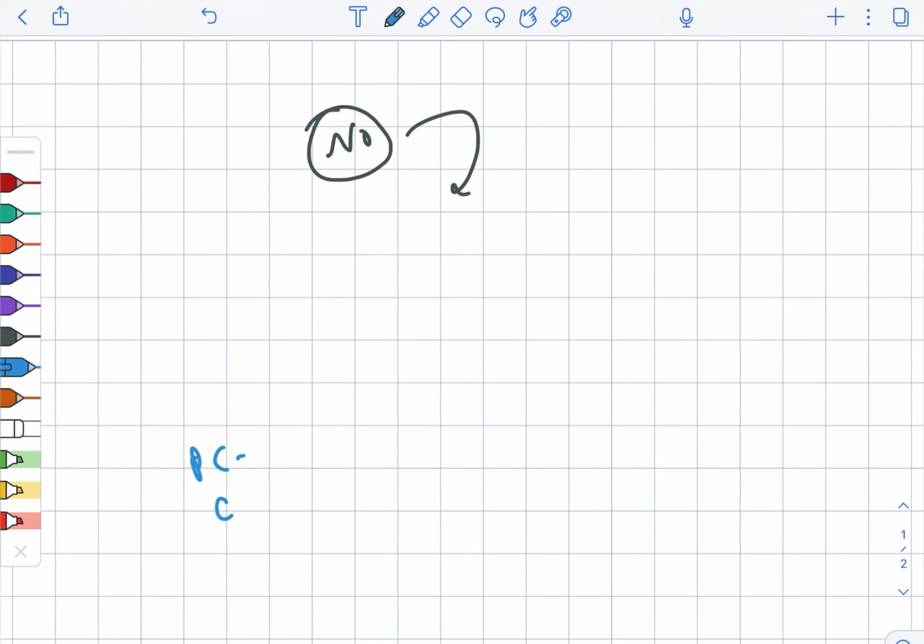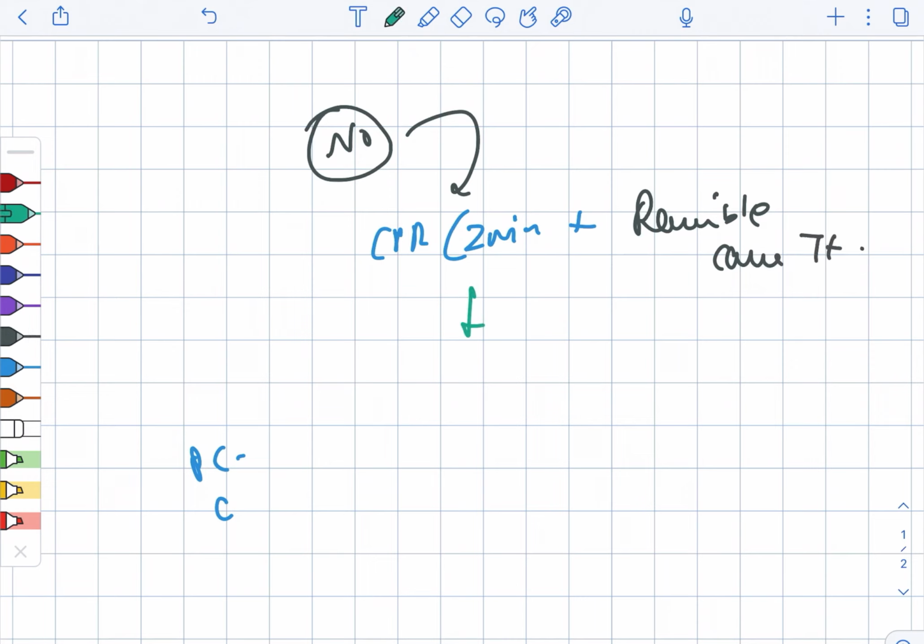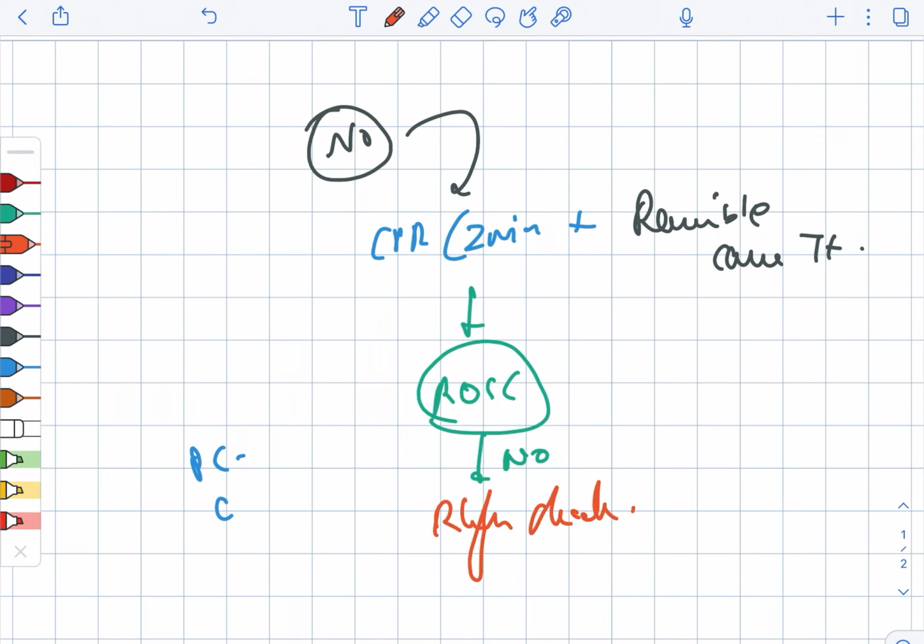So here what we do is CPR, and this is done for 2 minutes. Along with it, the reversible causes are treated. Then we look for the ROSC, and in case it is no, we see if the rhythm is shockable.